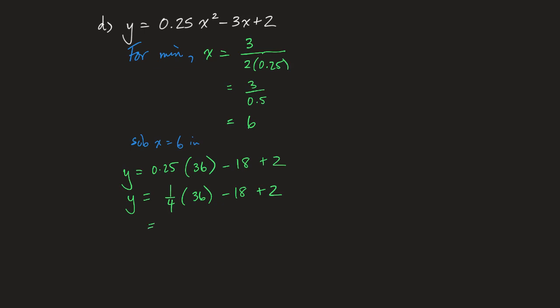Okay, we can simplify everything. I have my means to check. I feel really confident. 9 minus 18 gives me my negative 9. Add on 2. So, only thing left to do, put in your shape, put in your vertex. And hopefully we matched up.